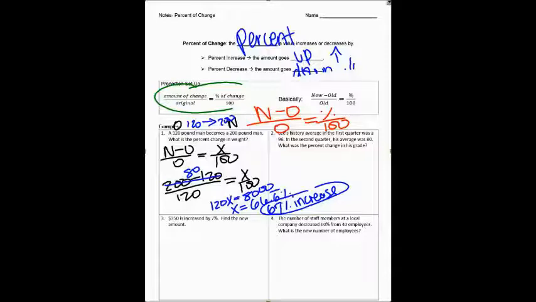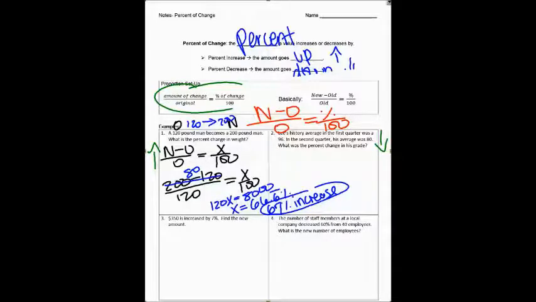Lee's history average in the first quarter was a 96%. The second quarter, his average was an 80. What was the percent of change? First off, we're going from a 96 to an 80. Is this going to be an increase or a decrease? Yeah, it's going to be a decrease. So right away we can tell that. Over here we knew it was going to be an increase.